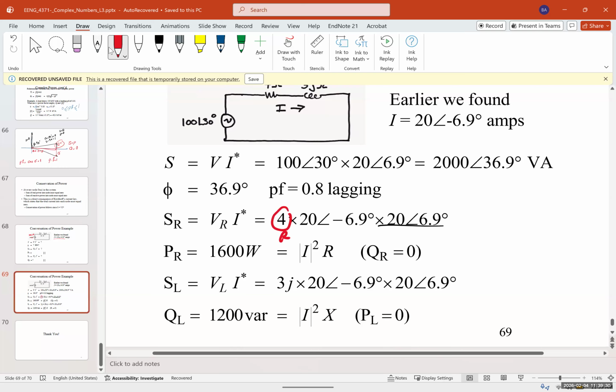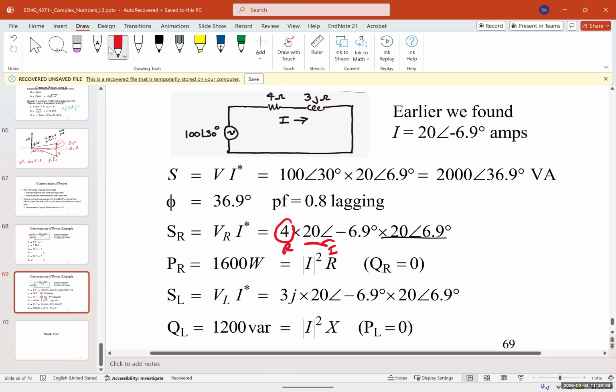R is 2 and I is 20 with an angle of negative 6.9 degrees. We multiply it by the I conjugate, which is 20 with an angle of 6.9 degrees. And finally, PR is going to be I squared R. Why? Because QR is going to be equal to 0. Therefore, it's going to be 1600, as you mentioned.